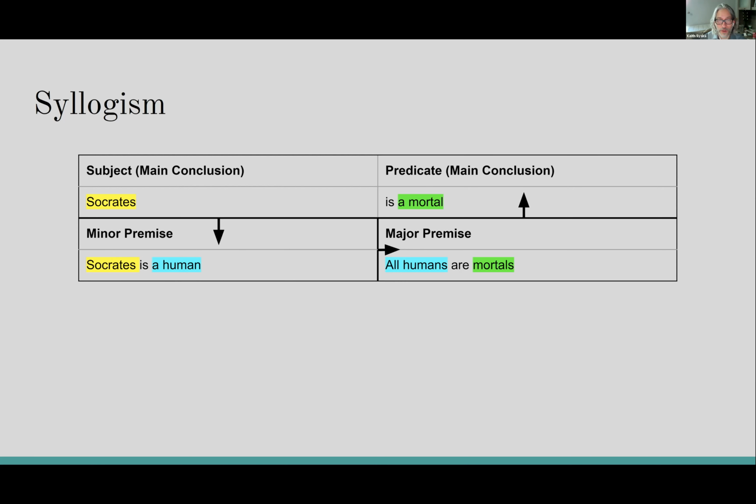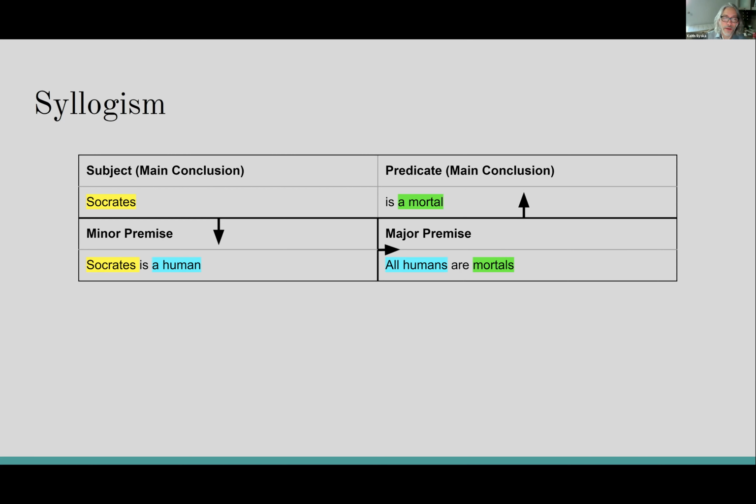We can do it by observing or double checking the conceptual overlap between the minor premise and the subject, the major premise and the predicate. And then the final check, I should say final two checks, is do we have a middle term that overlaps? Here we do. It's human, the blue term.